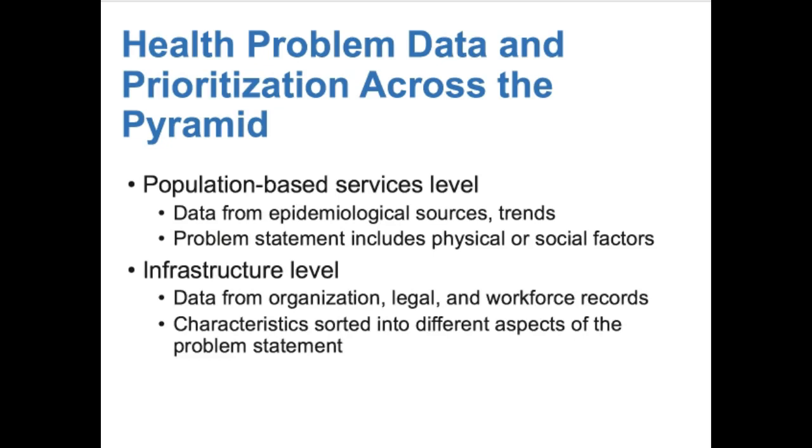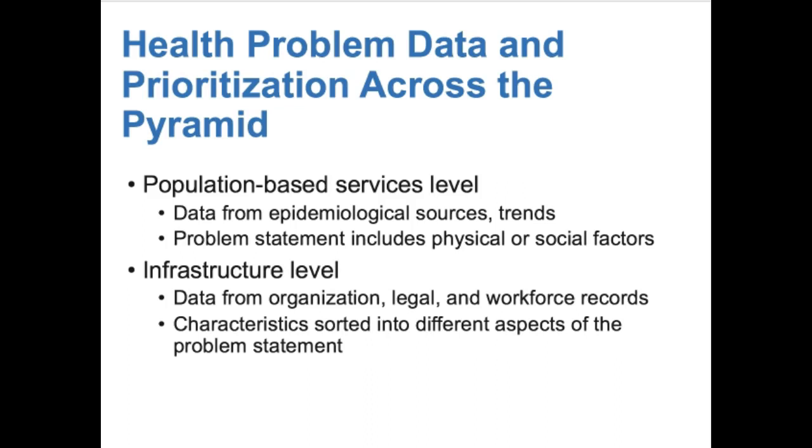At the population level, data are typically coming from epidemiology and trend analysis to determine the urgency of a health problem. The factors in the health problem statement apply to the entire population and would include factors affecting the environment, which could be physical factors such as the built environment, or social, such as social economics.